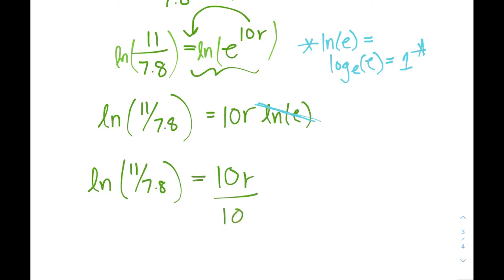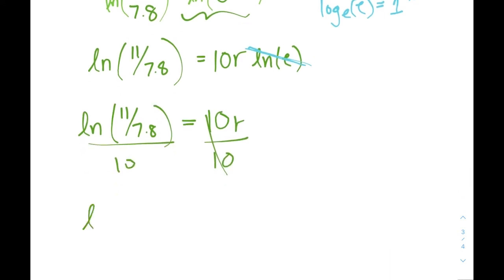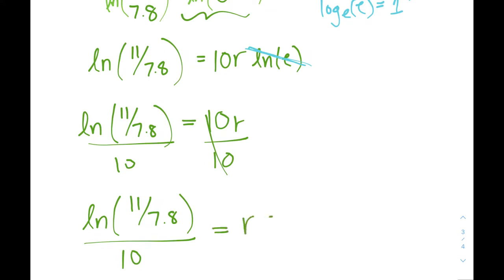We will divide both sides by 10 to isolate it, and then this is just something we type into our calculator.